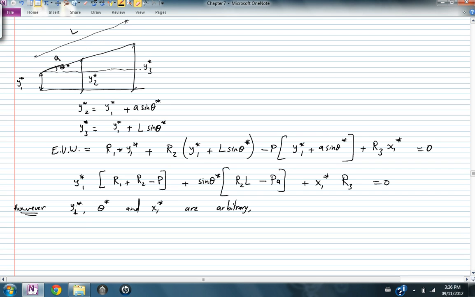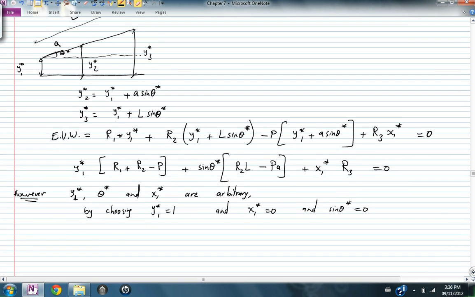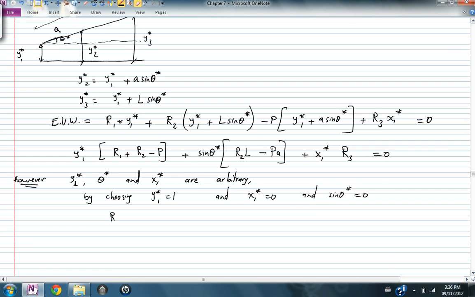So by choosing y star 1 equal 1 and x1 star equals 0 and sine theta star equals 0, you obtain the first equilibrium equation, R1 plus R2 minus P equals 0, which is basically the sum of the forces in the vertical direction is 0.